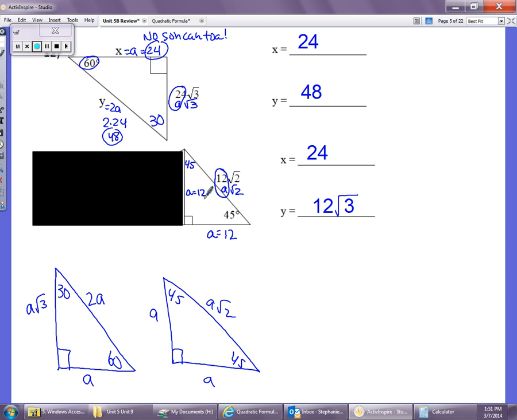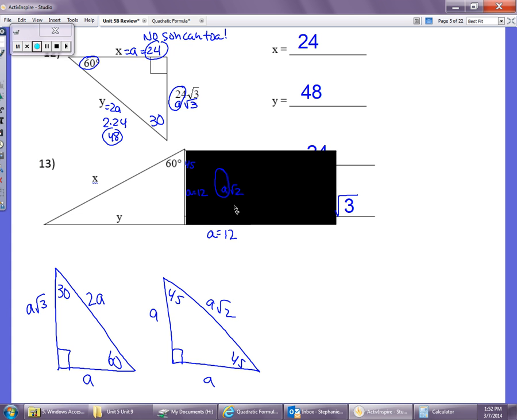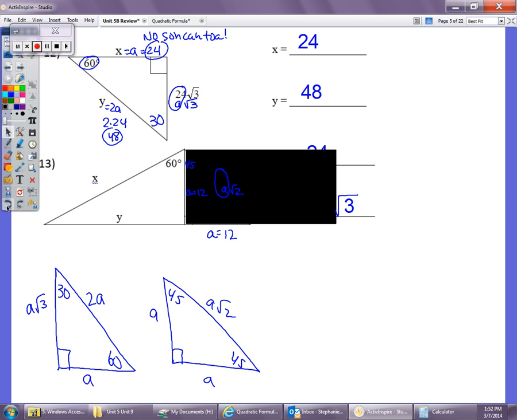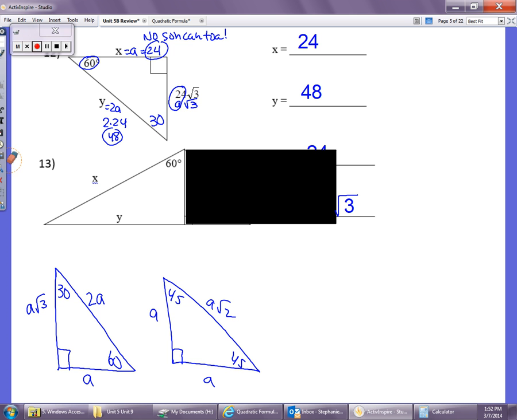Now there's no x and y values on that side. So now we are going to go to the other side, ignoring the first, and we are only going to focus on what was given to us that pertains to this triangle.